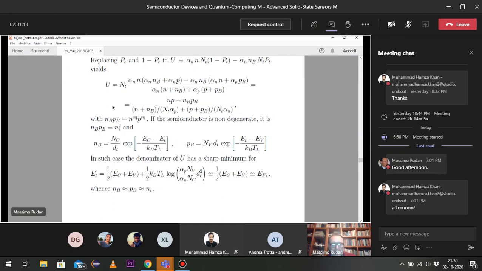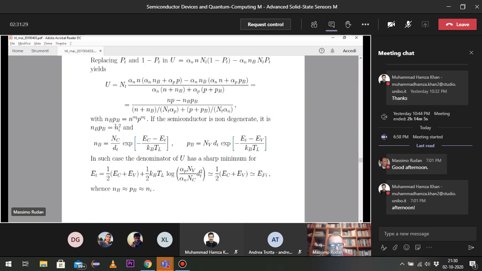Now we make the simplifying hypothesis that the semiconductor is non-degenerate. So we can say that NB PB is the usual ni squared expression of the equilibrium product of the non-degenerate case. Okay?